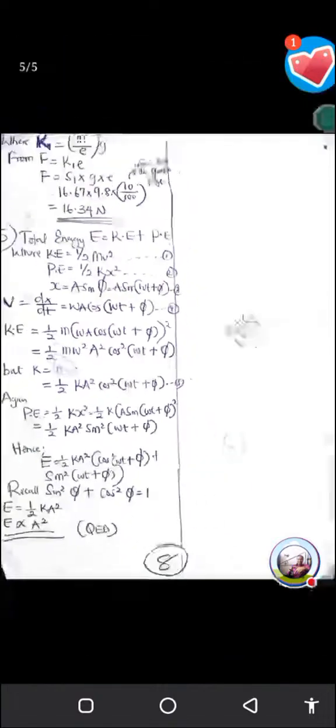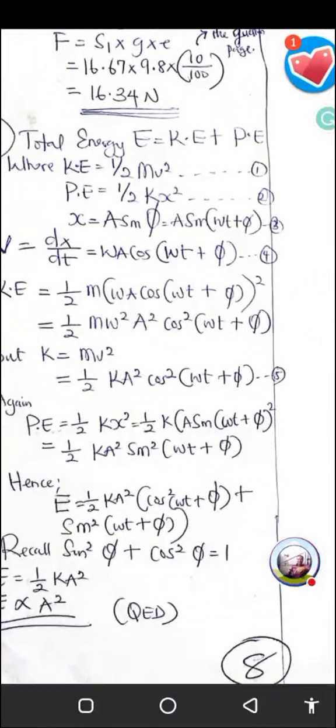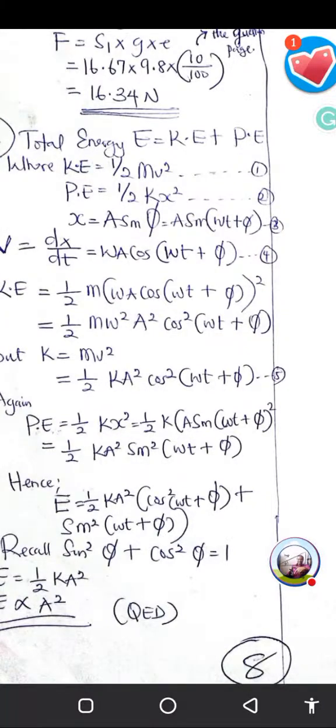Now question 5 is just proving. You are asked to show that the total energy of any floating body is proportional to the square of the amplitude. So if you check your Phys 101 textbook under simple harmonic motion, chapter 8 or 9, you'll find this proof there. But if you look at it very well, you see that total energy in an oscillating system is a combination of kinetic energy and potential energy.